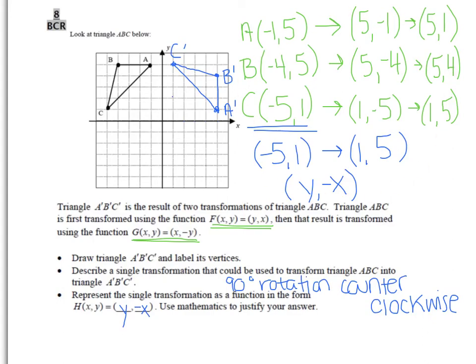I would use some words to explain how you went from each transformation, and then when you saw the original coordinates and the end coordinates, you saw that you were switching your x and your y, and you were taking the opposite of x. And that should be a good justification to get you full credit.